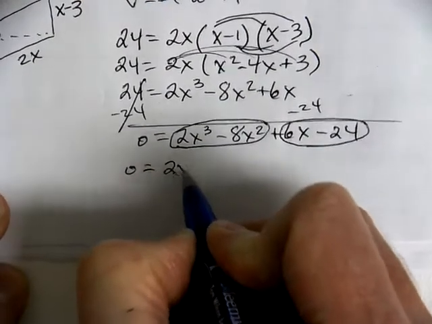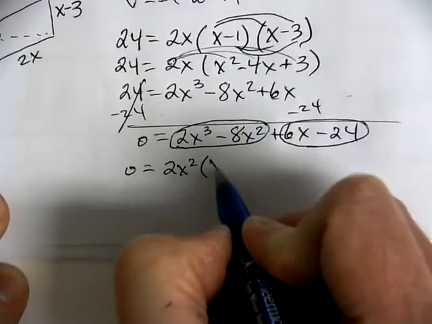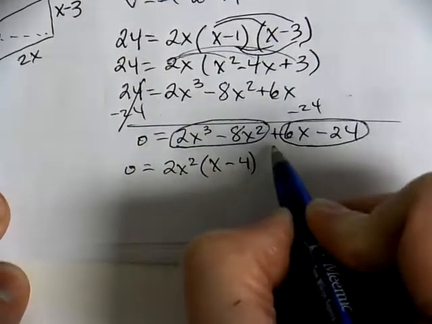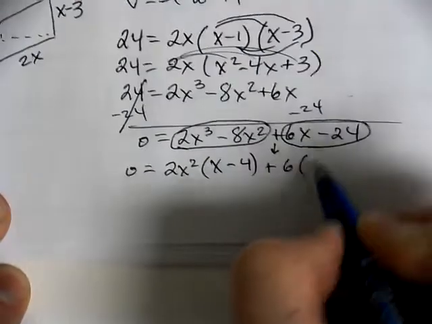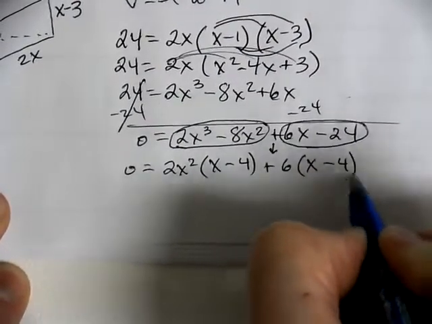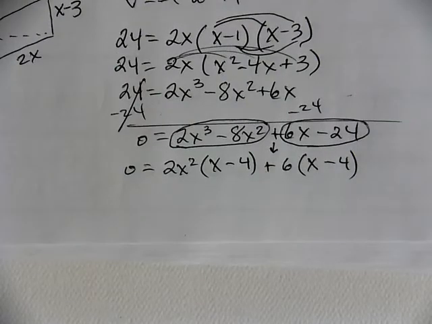So I can factor out a 2x squared. That leaves me with x minus 4. Factor out a 6. That leaves me with x minus 4. Notice the parentheses are exactly the same. That has to be true for factor by grouping.